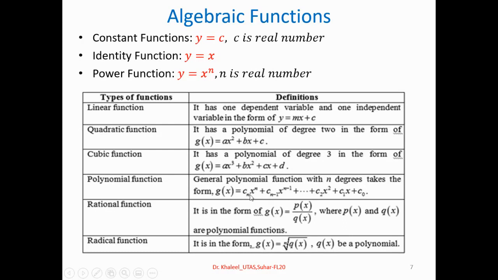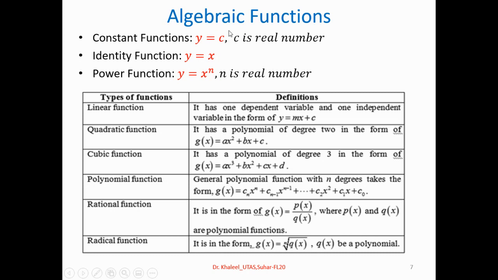So this is called a polynomial of degree n, polynomial of degree 3, degree 2, degree 1, and polynomial of degree 0, because there is no x, I can write x to the power 0.